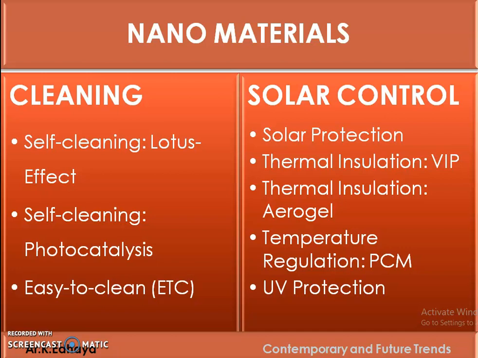To overcome all this, we need a very good material which is going to protect our building, because this kind of pollution is not only harmful to human beings, it affects the buildings as well. The lifespan of the building may get reduced because of the pollution. So these kinds of nanomaterials are helpful.